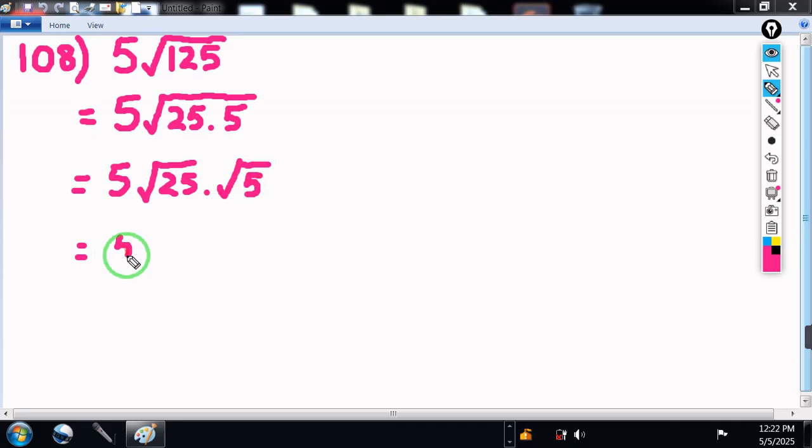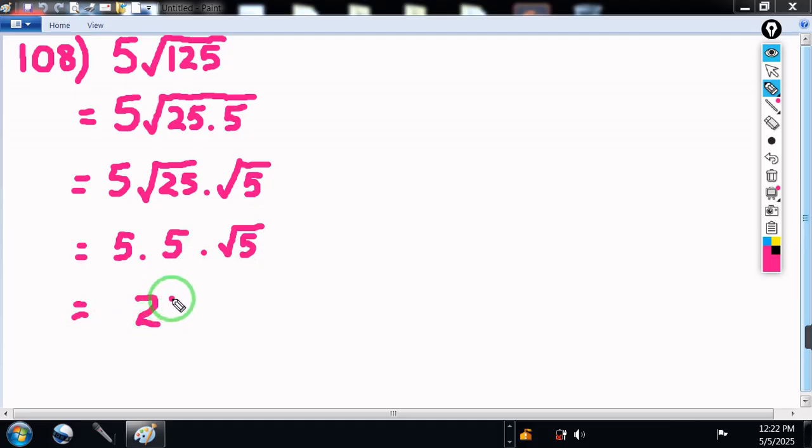Now this will be equal to 5. Show the working. Now you can put a dot there, or times. Put another 5. Square root of 25 is 5. And then next one is root of 5. This one don't change. Root of 5 is 2.235 and something. Find out from the calculator. 5 times 5 is not 10, it's 25.